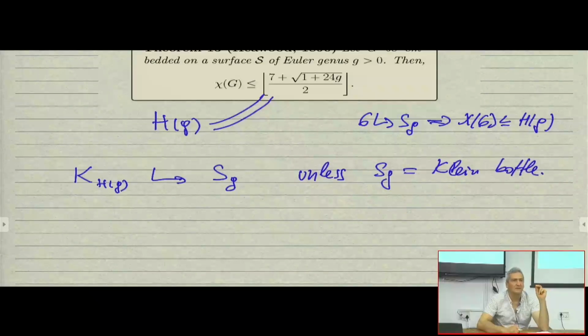Okay? So they invented some methods, current graphs, rotation systems, and it's complicated to prove that the complete graph on Heawood number of vertices can be embedded on any surface except Klein bottle.